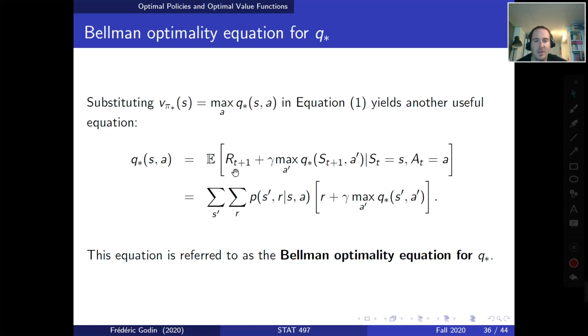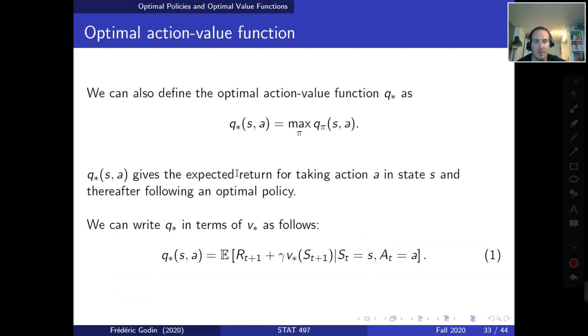Okay, so what was equation 1 again? Equation 1 entailed that the optimal action value function was the expectation here. One thing I forgot here is that it should be expectation under policy.